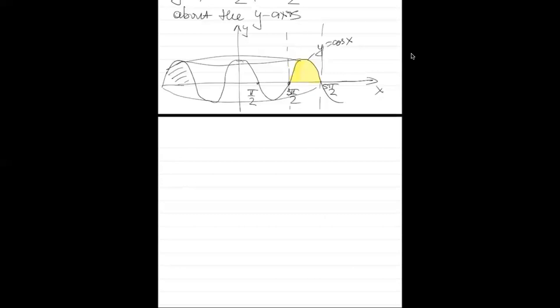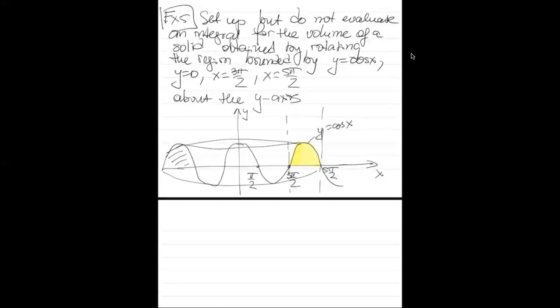So we're going to use the method of cylindrical shells. Most of the time when your solid has a hole inside, it's easy to use cylindrical shells. A typical shell would be going straight up like this. Typical shell would look like this.